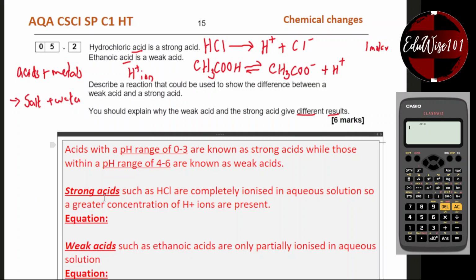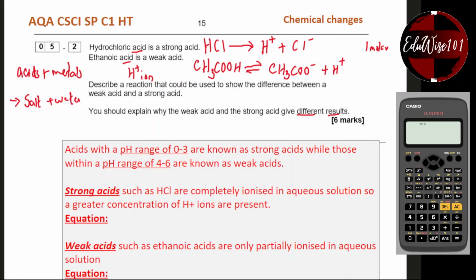Now, strong acids such as HCl are completely ionized in aqueous solutions, so a greater concentration of H plus ions are present. So if I was to write the same equation from above, HCl breaks into H plus and Cl minus ions.